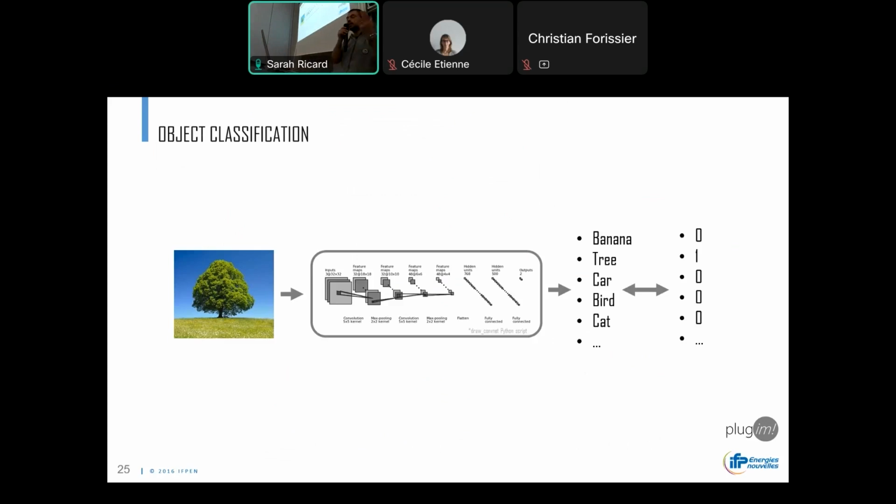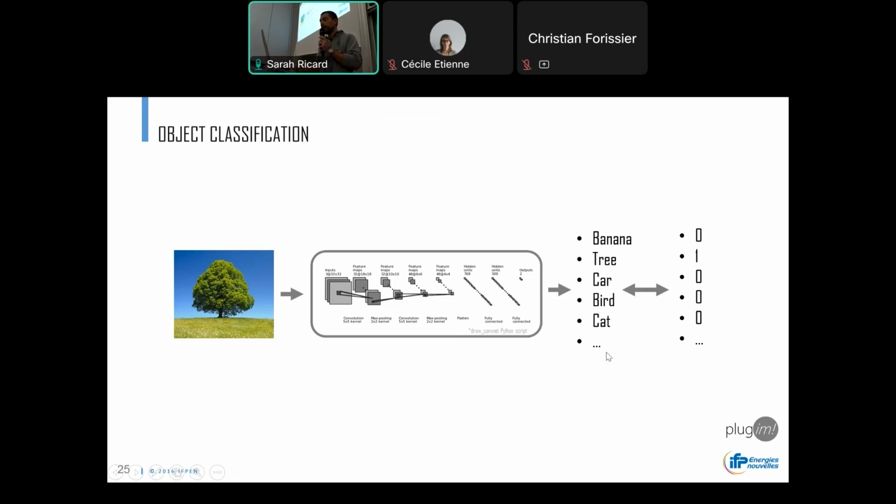So it's classification. The idea is to transform an image, or it can be a signal, into a vector. In this vector, you are able to describe the contents of your data. For instance, here you have an image of a tree, so you want the vector to give you the information that there is a tree and no car, no bird, no cat, and no banana.